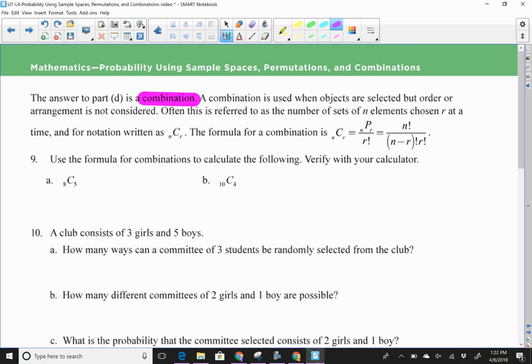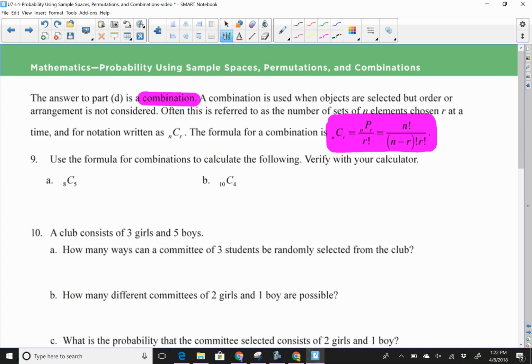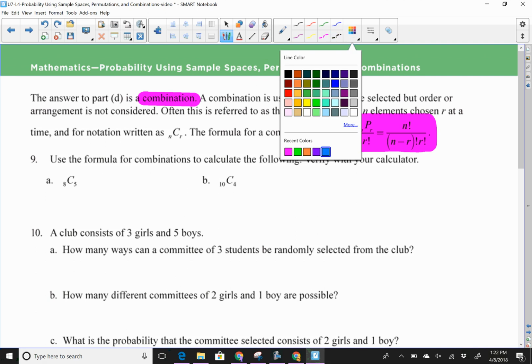Combination, it does not. And here is the formula to calculate. What I'm going to try to do in this space is 7C3, because we just did 7P3, and this way you can see how they relate.